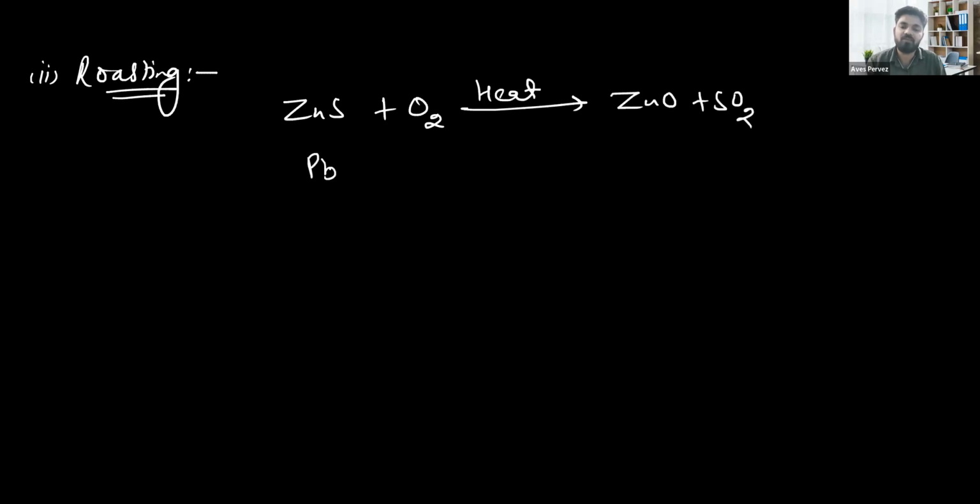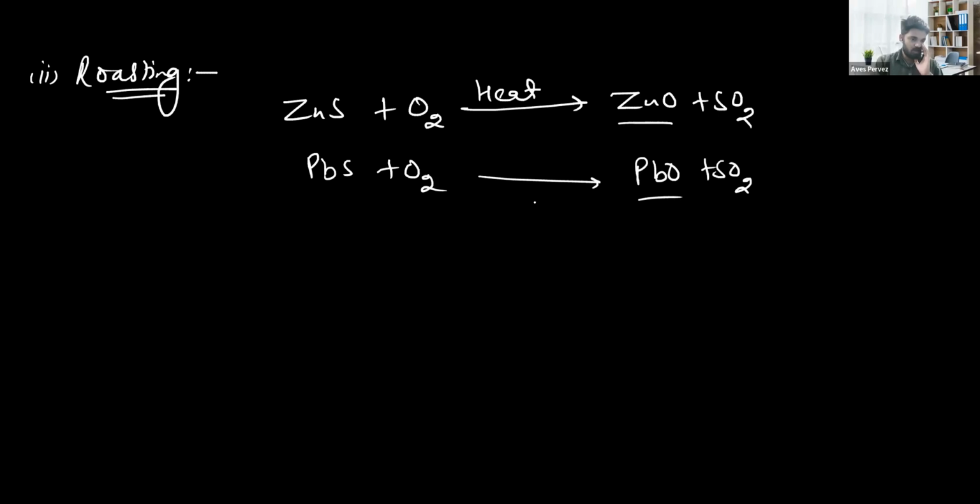Like PbS, when we heat it, gives PbO plus SO2. Now these have become oxide forms. But the next step is the removal of oxygen, and that is called reduction.